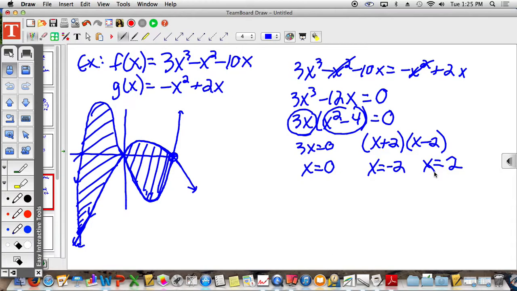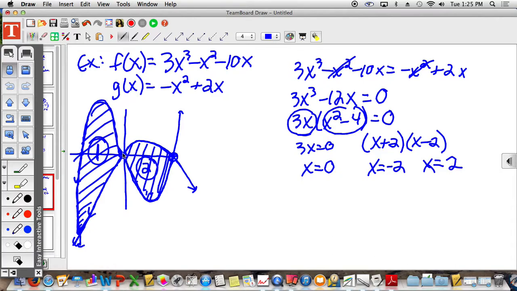Do you see how over here on the left, which I'm going to call region 1, and over here on the right, I'm going to call region 2, region 1 has a different higher function than region 2. Are you with me there? Region 1 over here on the left, what's the higher function? F of x, that's the cubic function.